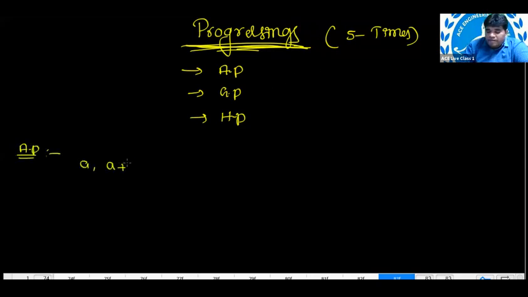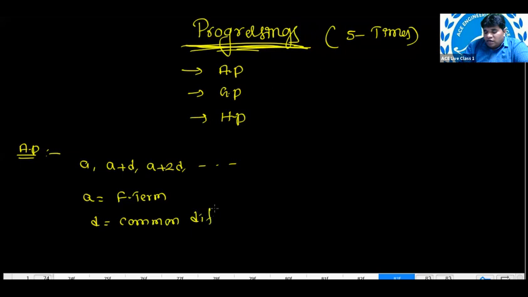A, A plus D, A plus 2D, etc. Here A is called the first term. D is called the common difference. How to calculate it? T2 minus T1, or T3 minus T2, or Tn minus T(n minus 1).